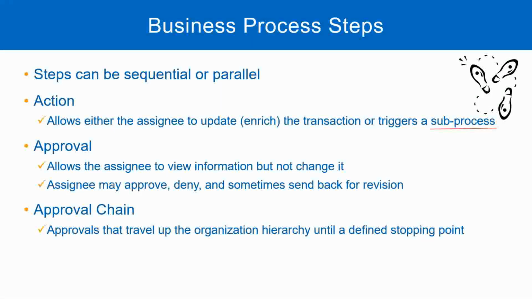The moment you have a deny, that means it is the end of the story, end of the process. Okay. The business process is complete. The status is marked as completed. The business process ends. There will be no further step in the business process.